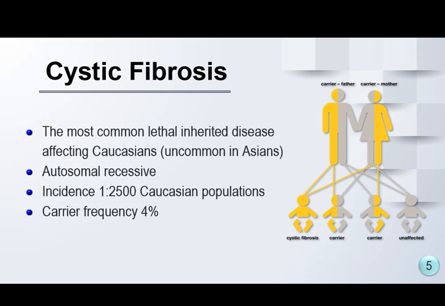You need to know how many people are in your population and what the incidence is, and then you can get the carrier frequency. What does that mean? For every 100 persons, there are 4 persons carrying this defective gene, just one copy. If they marry another person with another defective copy, their baby will have cystic fibrosis. So 4% is pretty high.